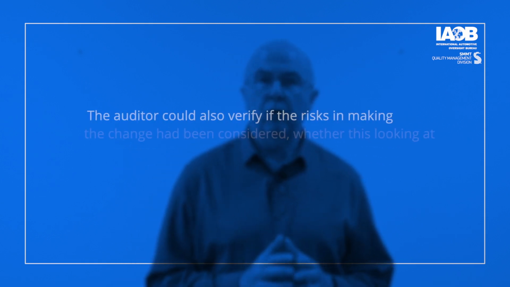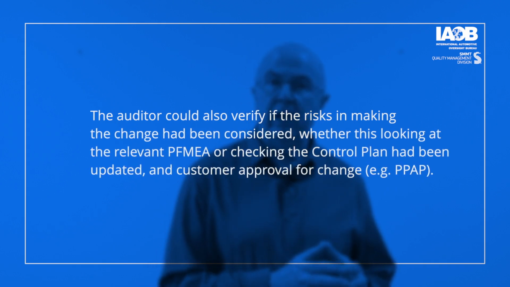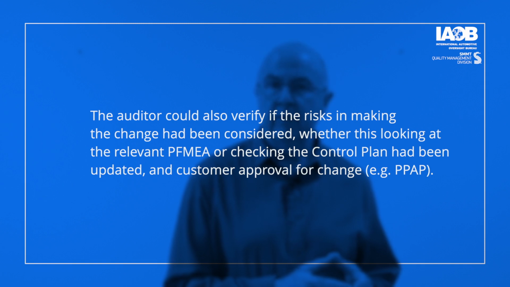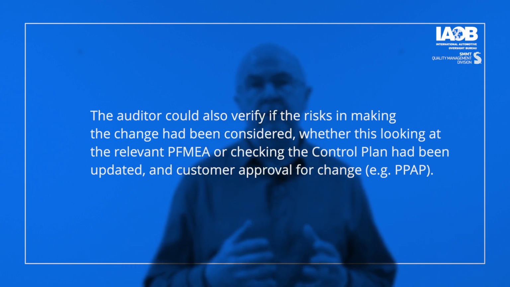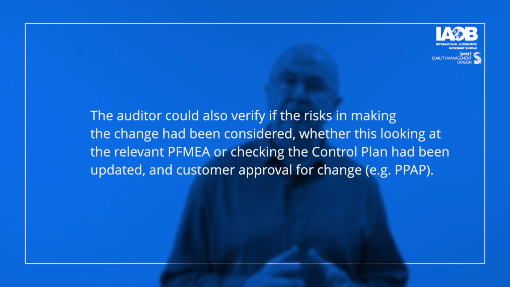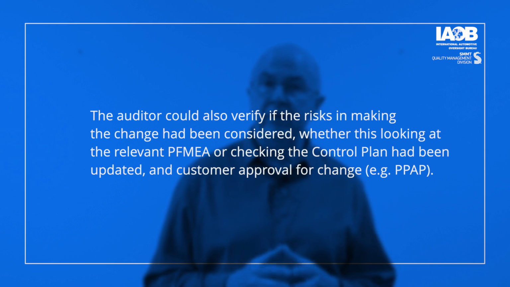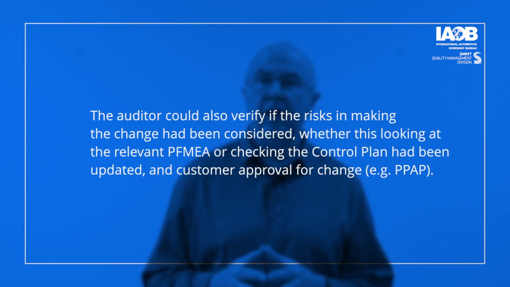The auditor could also verify if the risks in making the change had been considered, whether this is looking at the relevant PFMEA and the control plan to see if they've been updated, but also looking for any customer approval of the change.